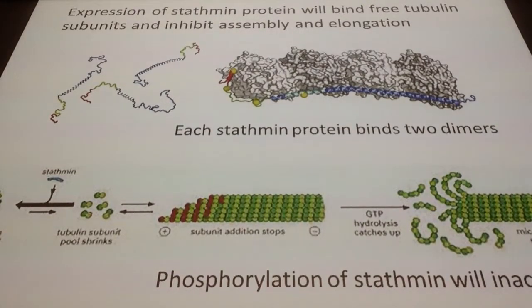Stathmin that is unphosphorylated can bind to tubulin, the monomer. And so when Stathmin is unphosphorylated, it binds to tubulin, and it inhibits assembly. So the unphosphorylated Stathmin acts very much like thymosin.